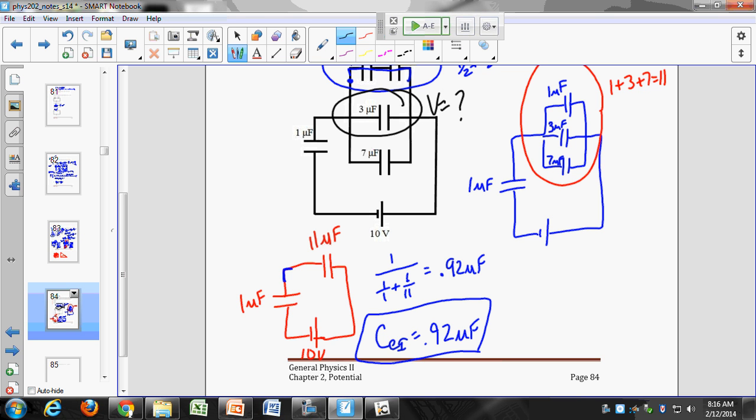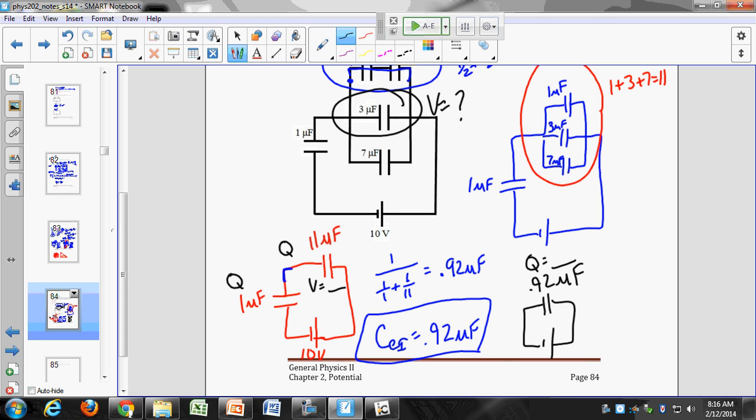Let me redraw it over here. So this is 0.92 microfarads. I can find the charge on this capacitor. That's really simple. Once I find that charge, that same charge will be on these 2 capacitors because they're in series. Once I find that charge, I can find the voltage on this capacitor because now I know its charge and its capacitance.